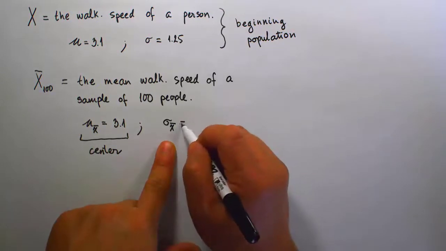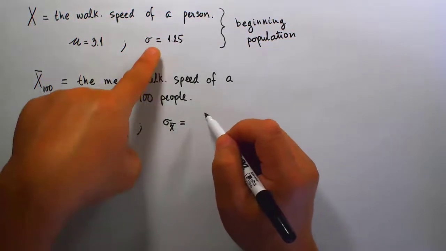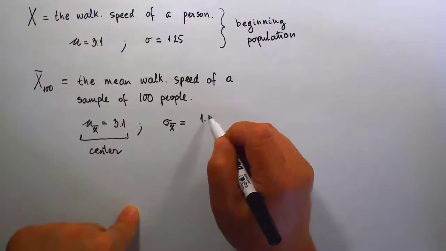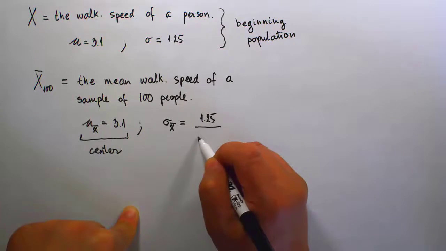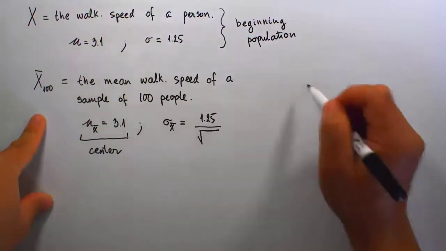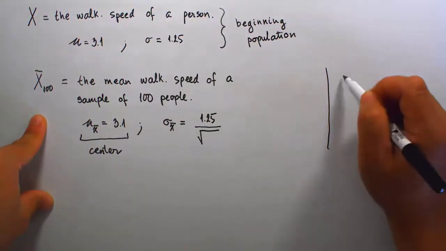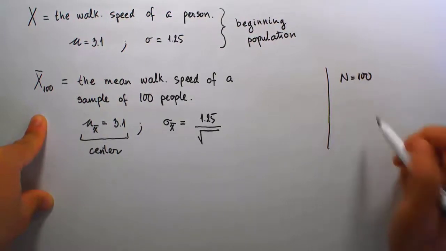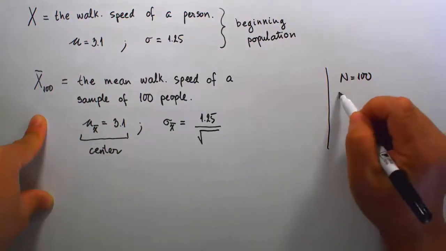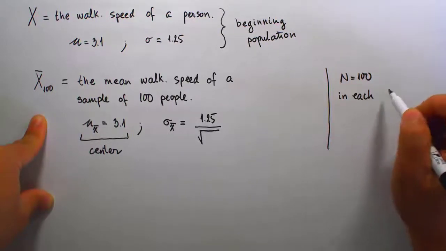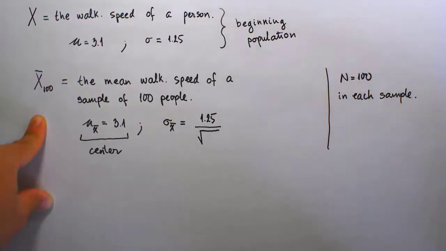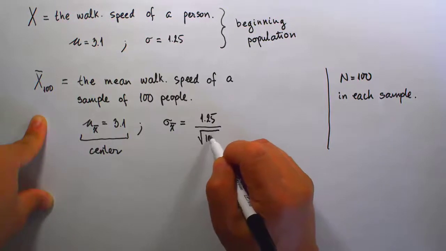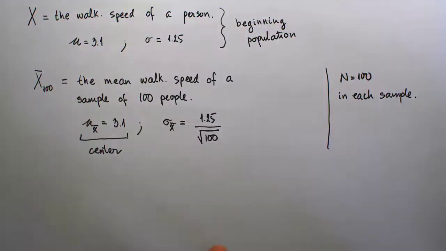This average spread now is from our known standard deviation 1.25, which we are going to divide by the square root of the sample size. The sample size in each of our samples, as a reminder, is n equals 100. We're indicating what we're looking at in each sample: there are 100 people in each sample. So here I'm going to divide by the square root of 100.